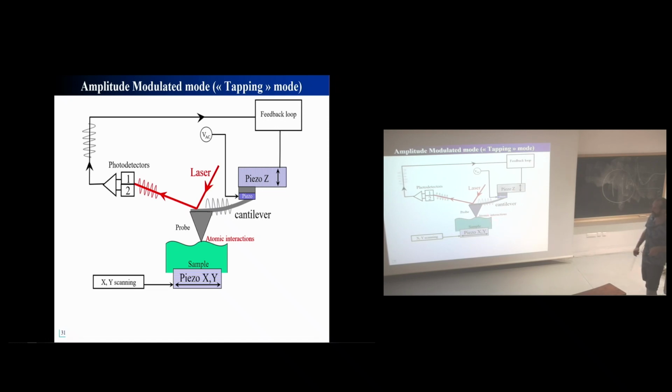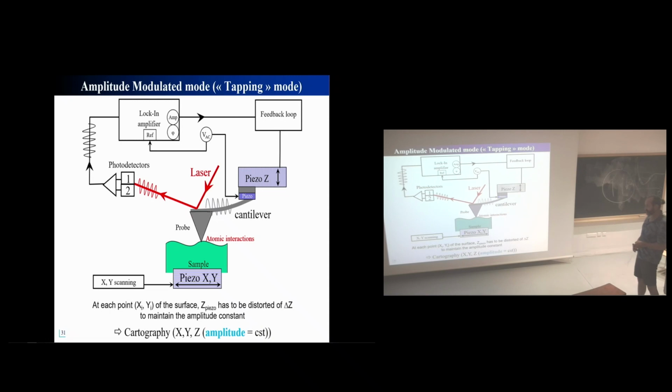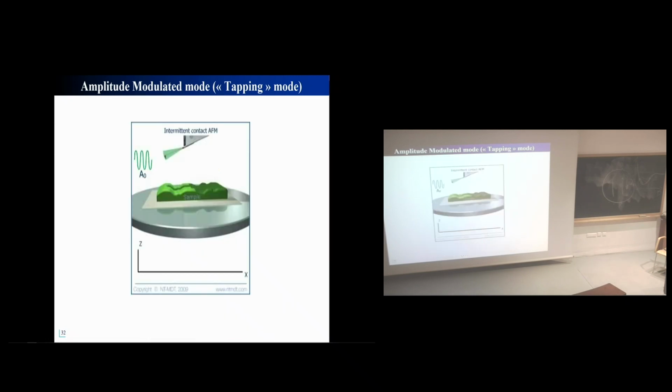And then, thanks to the photodiode, this oscillation is in the signal of the photodiode. Then you just have to add a lock-in which is locked on the excitation frequency. And then you obtain the amplitude, which is the signal that you're going to use in the feedback loop. And here, the surface is defined by amplitude equal constant. This is how it works.